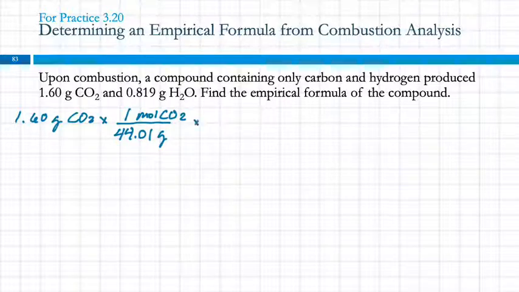So that gives us moles of CO2. From the chemical formula, we can get moles of carbon. In one CO2, how many carbons? 1. So there's 1 mole of carbon in 1 mole of CO2.